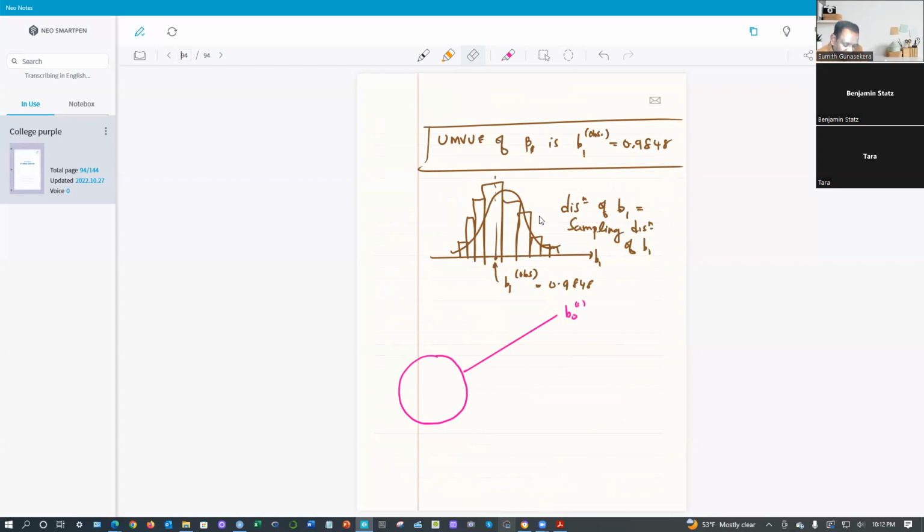Yes, based on what? Sample 1 of size n. What is the size? 6 over here, can you remember? Can I get another one, B naught of the second one? Yes, that's the second sample, sample 2 of size n equals 6.